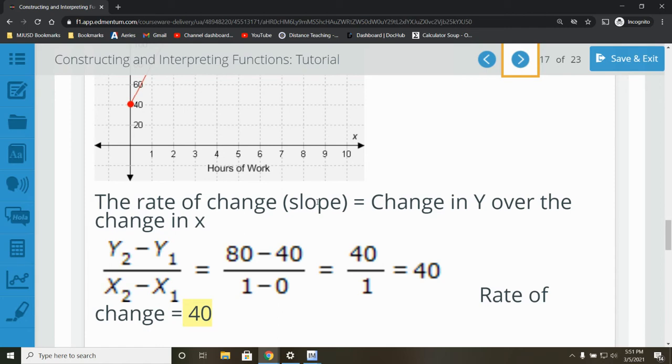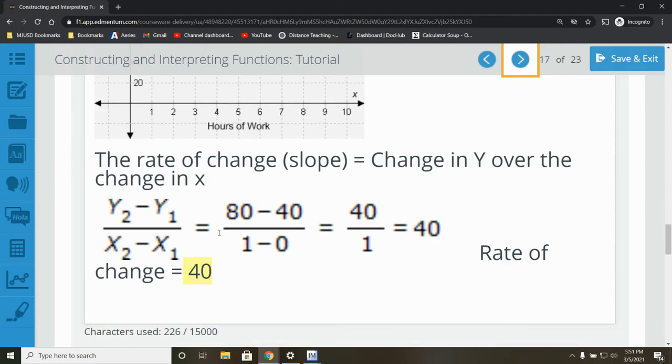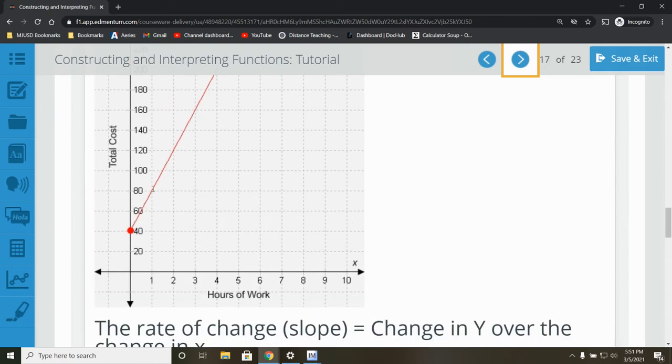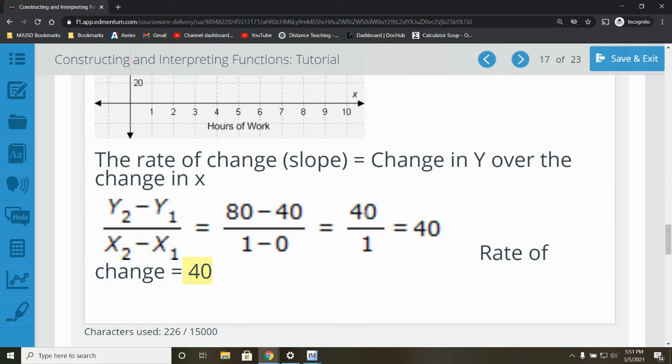So the rate of change, or the slope, is the change in y over the change in x. Remember, the change in y is y2 minus y1. So 80, right here, 80 minus 40 equals 40.